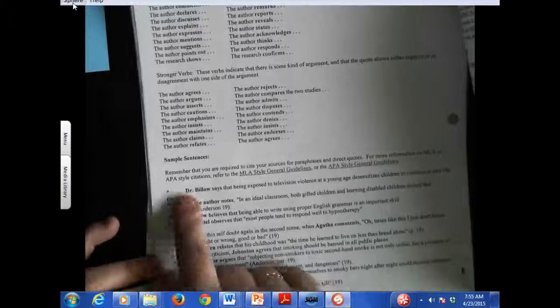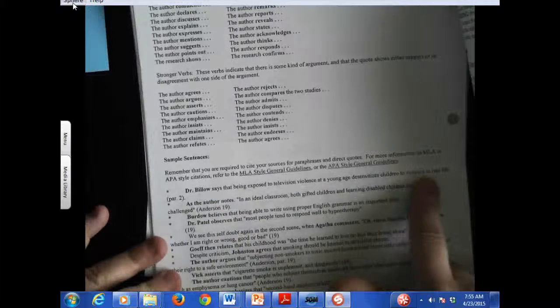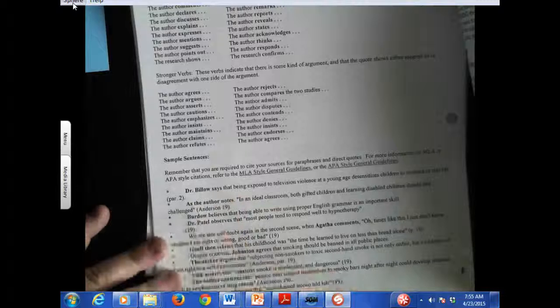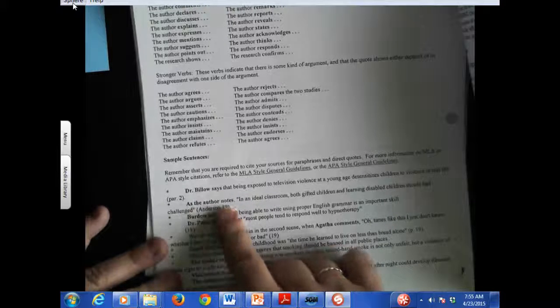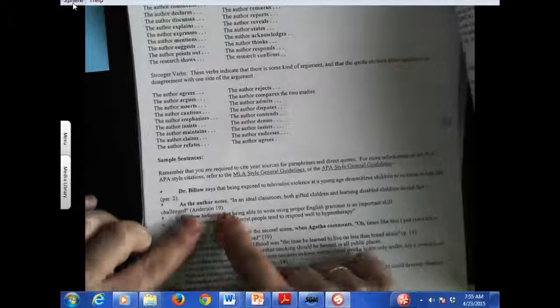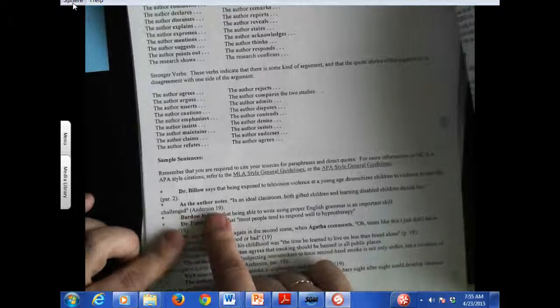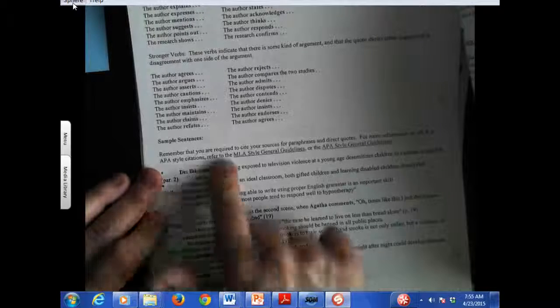To lead in, you would say the author's name, and then you'd paraphrase. This is a paraphrase, and I see that because there are no quotes here. If you don't use the author's name, you can say the author states, use the quote, and then put the author and the page at the end. All right? Take a look at this and how to lead in.